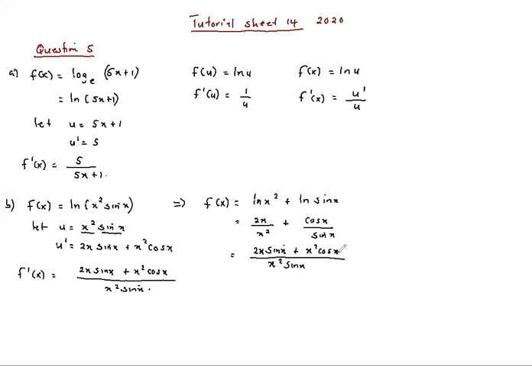It gets back to the same thing. So you can write that in different ways. Someone can present this as 2 over x plus cot x. It's the same answer. So nothing has really changed there.